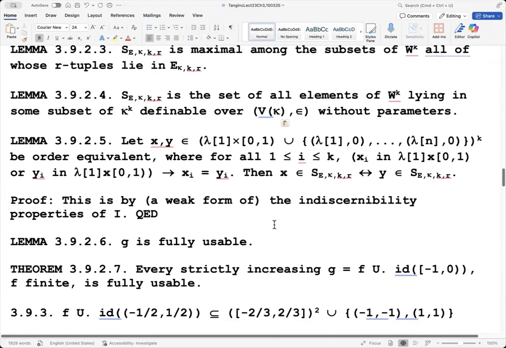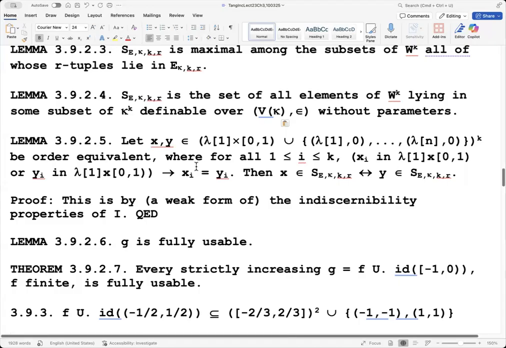And then you use this to prove that G is fully usable. I guess I decided not to get into the details of these proofs, but they're fully done in the manuscript that you don't see yet. So the idea is that I have a kind of maximality and indiscernibility already, and I start with a structure that has all these elements in it.